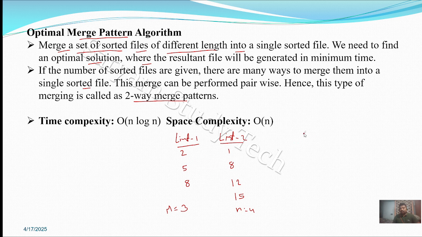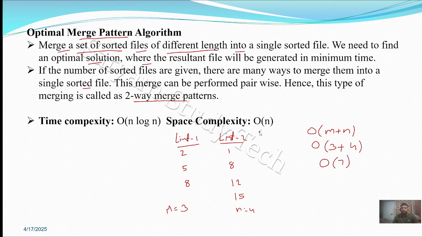The time complexity is O(m plus n). m is the number of elements in list 1, that is 3, plus n, the size of list 2, that is 4 elements. So the time complexity of merging these two lists into a single file is O(7).